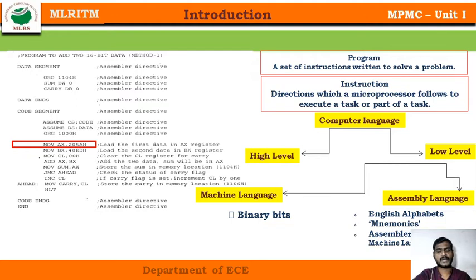I need some converter which is capable of converting my mnemonics into machine level language like zeros and ones. For that I use an assembler. An assembler is a tool which is used to convert our assembly level programming into machine level programming.